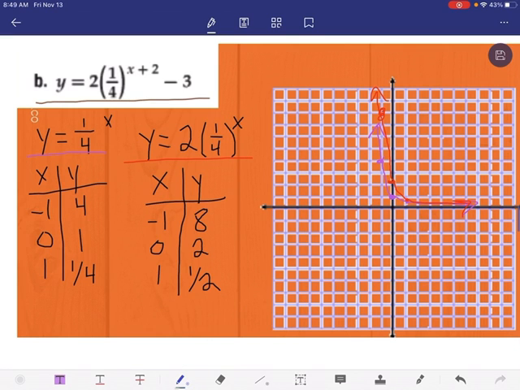So then our last step, notice that we have both a horizontal and a vertical translation. So we're going to be moving 2 units to the left, because it's the opposite of our plus sign, and 3 units down.